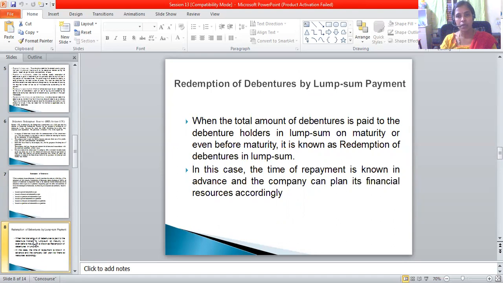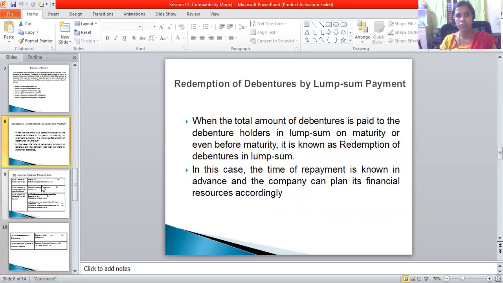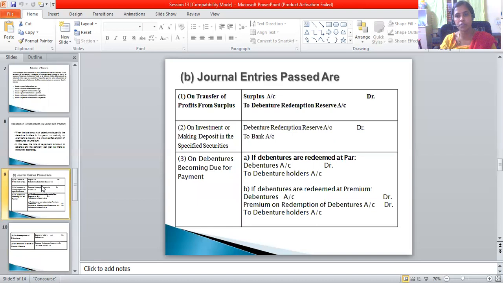Redemption of debentures by lump sum amount: you make the payment on the date of maturity or even before maturity, and the lump sum amount is paid. The organization has to take care of the financial resources necessary. On transfer of profits from surplus: Surplus Account debit to Debenture Redemption Reserve Account. The DRR is mandatory for organizations to be created during the redemption.